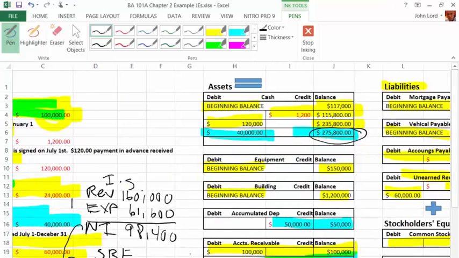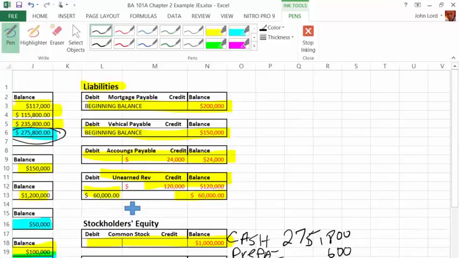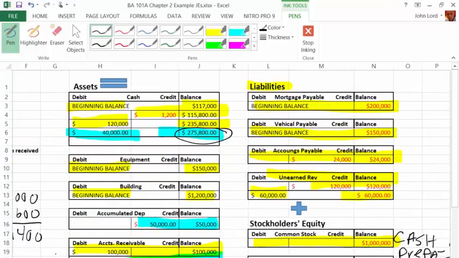Supplies. Remember the 13,000 that were left? Okay. 13,000 supplies. Okay, good.